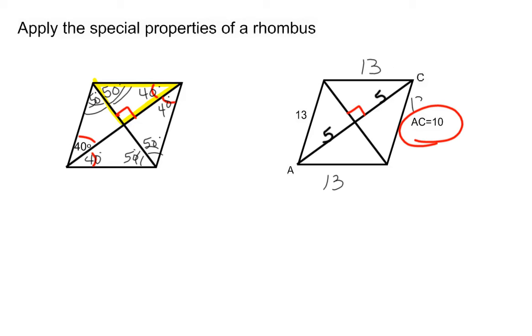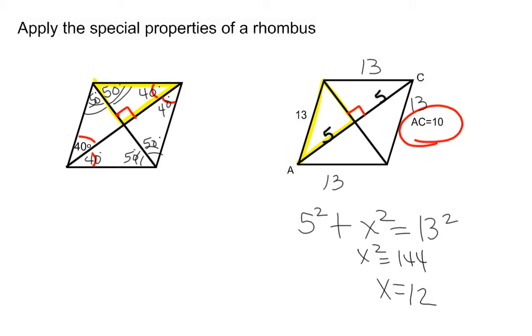So all of these, all the side lengths are 13. Well, again, we go back to the fact of what kind of triangle is that? It's a right triangle. What do we use to find a missing side when given 2 sides in a right triangle? The Pythagorean theorem. So if I plug that in, then 13 squared is 169, minus 5 squared, which is 25, gives you 144. And the square root of 144 is 12.